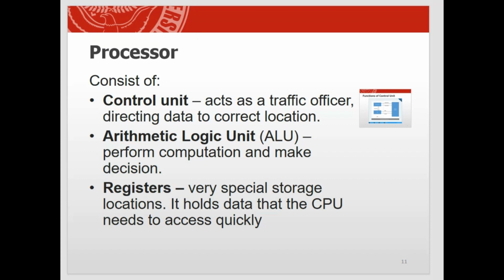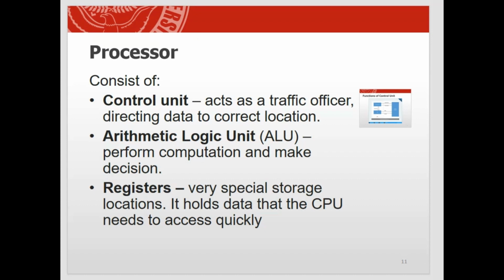Next naman, we have the arithmetic logic unit or ALU. So ito siya, it actually performs computation and makes decisions. For example, pino-perform na yung simple addition, subtraction, multiplication, division, or logic operations.